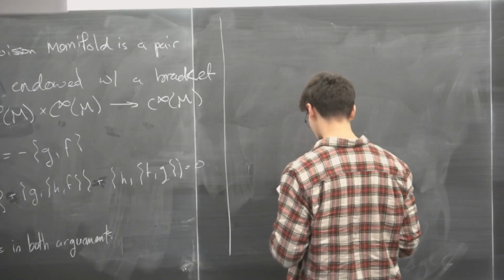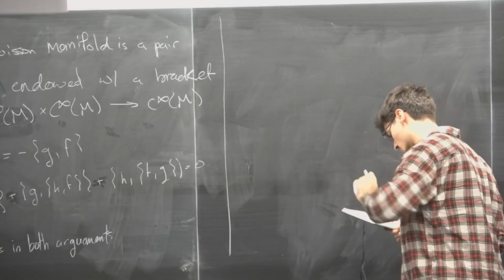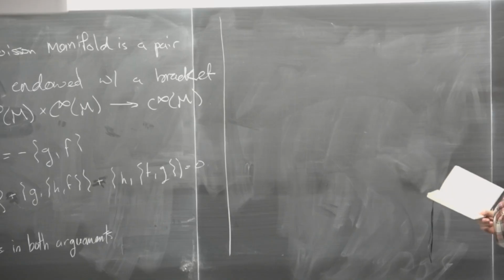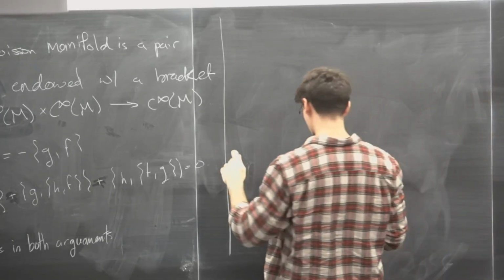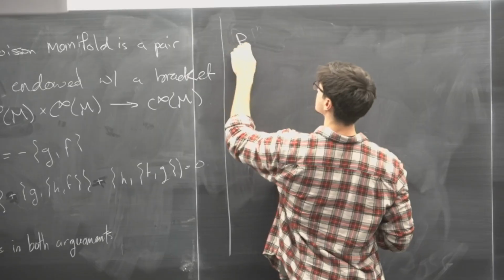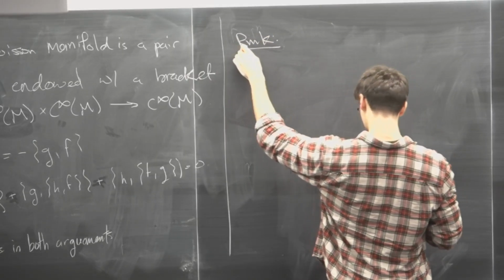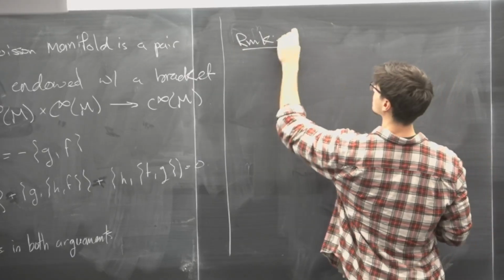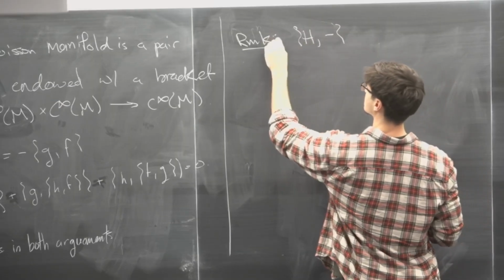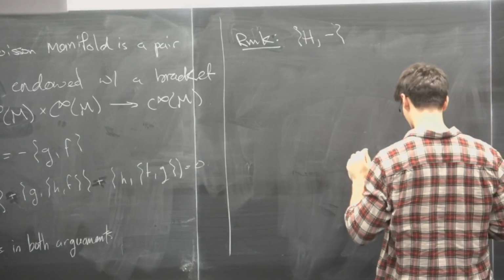Okay. So it's a derivation, so it defines a vector field. I'll skip over the Hamiltonian vector field for now. But there's a specific vector field called the Hamiltonian vector field, which will come up. Because it's a derivation, it defines a vector field. We'll get into mathematically what that means.